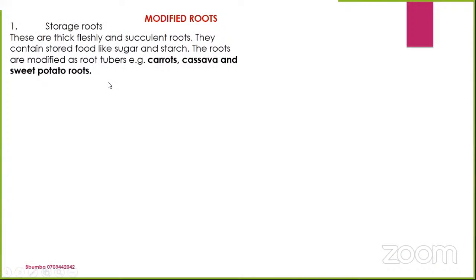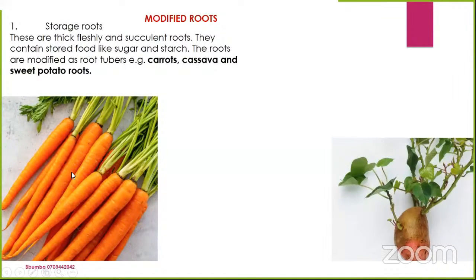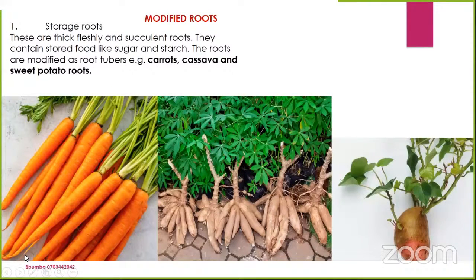Remember, we looked at modified roots, and we began with the storage roots, which included the cassava, and for those who had forgotten, it included the sweet potato. Sweet potato is monde, and cassava is muwogo. You can see these are all modified roots. They are modified to store food.